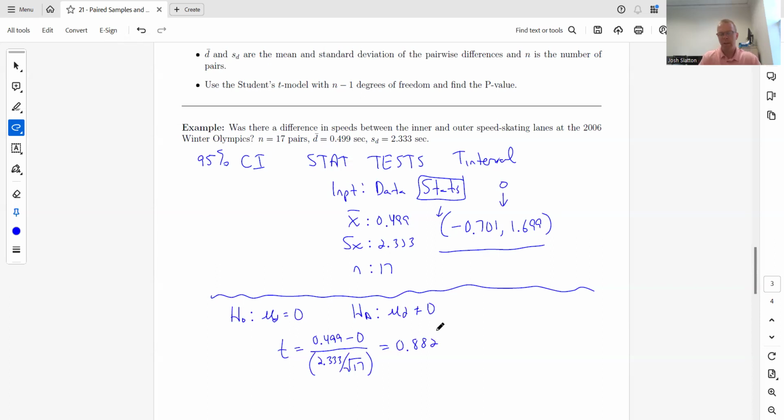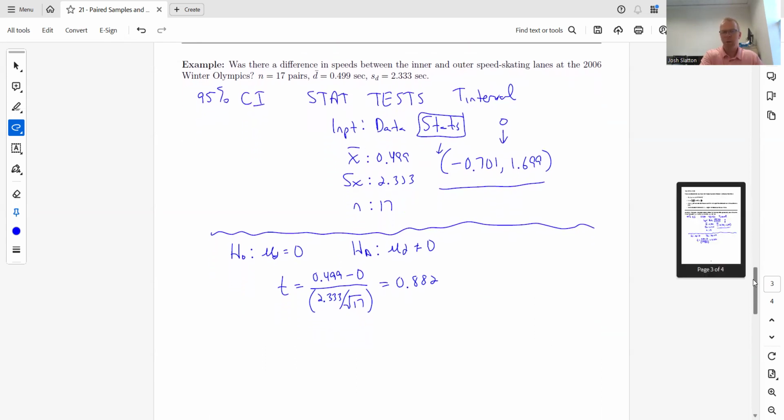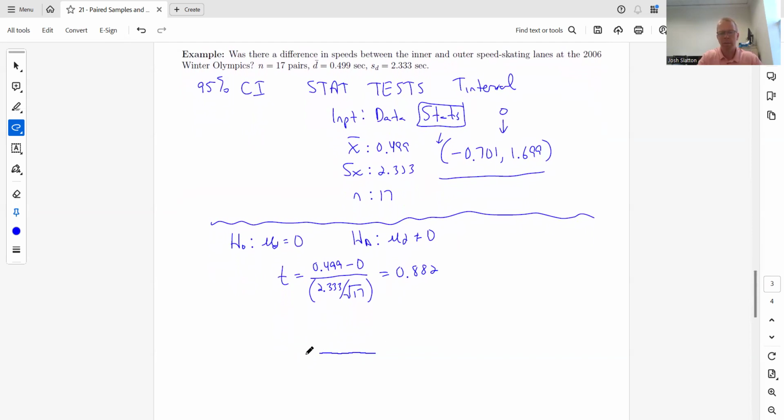Now that is not a big t-score. So our p-value should be pretty high. So we can draw our curve if we like. 0 goes in the middle. We'll put our 0.882. This is a two-sided test, so we have negative 0.882 over here.